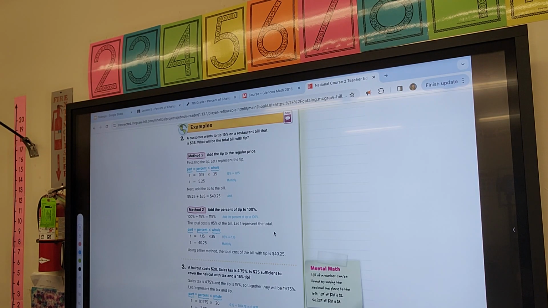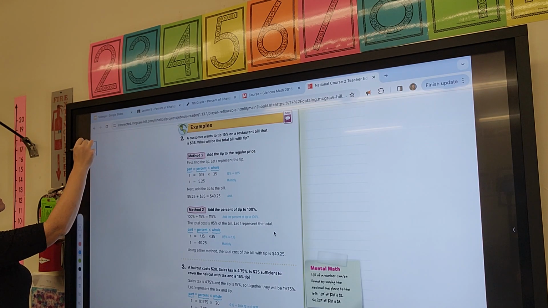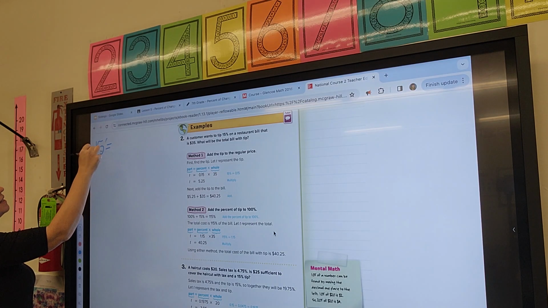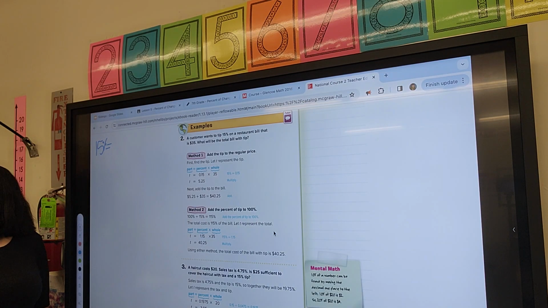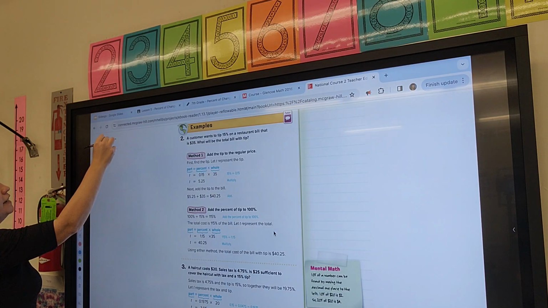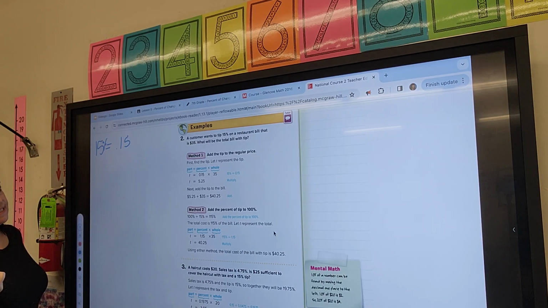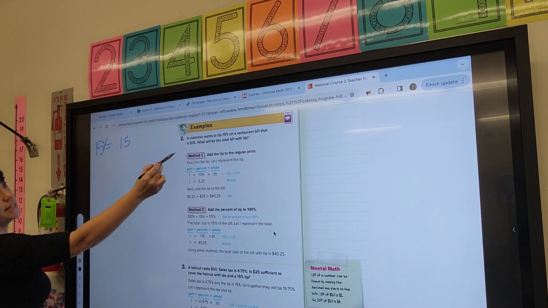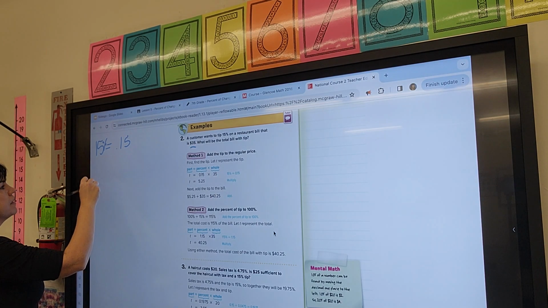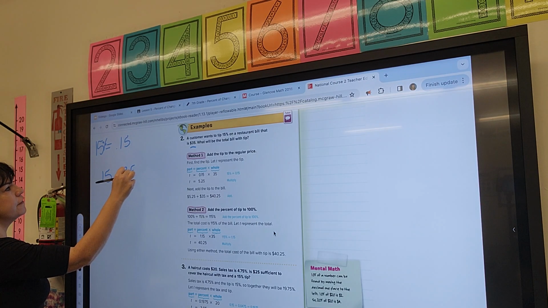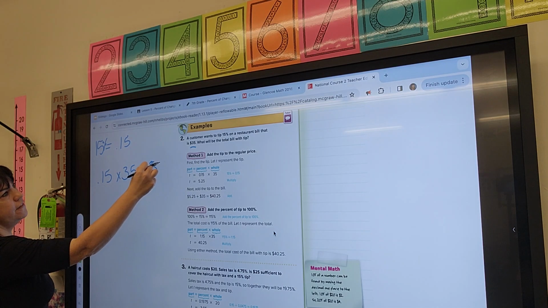So to find that out, we change our percent to a decimal. So 15% equals what as a decimal? Kelly? 0.15. Yeah, 0.15, that's our decimal. Second step, multiply that by the cost of your meal, which is $35. So 0.15 times 35 equals $5.25.